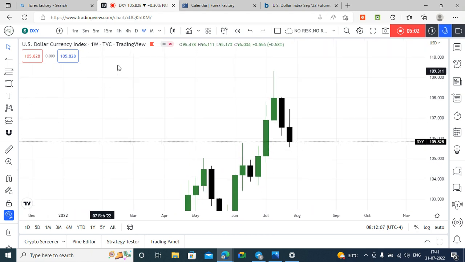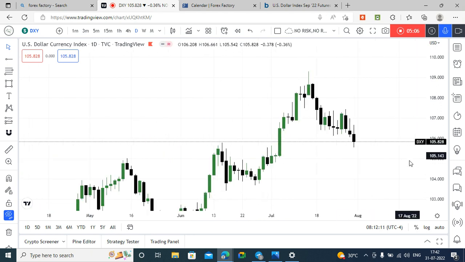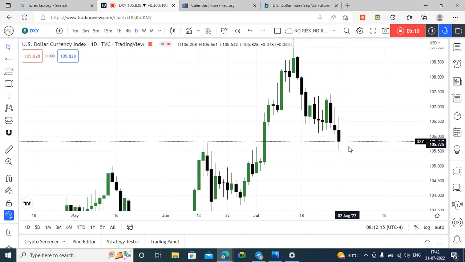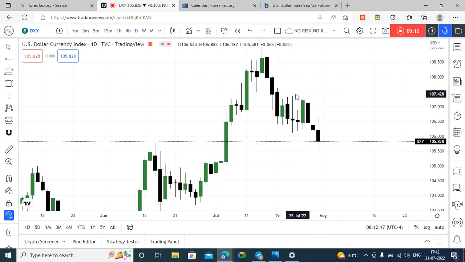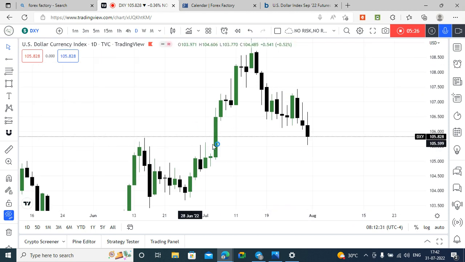And if you check the daily chart, you can see price moves short term to the bearish side by collecting some buy stops. Market makers are accumulating their buy orders above these types of highs and move the market to the downside.